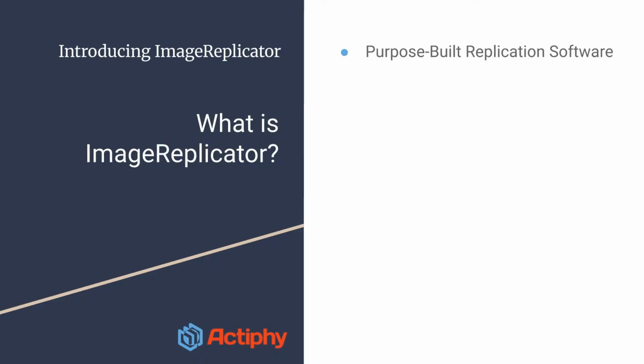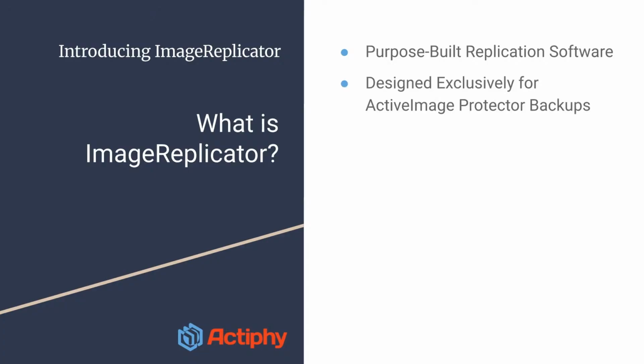Now that we've covered why offsite replication is crucial in a modern backup strategy, let's examine ImageReplicator. It is a dedicated app that replicates backup images created by ActiveImage Protector. Instead of relying on generic file copy utilities or custom scripts, the goal is to automatically maintain extra copies of your backups wherever you choose to store them.